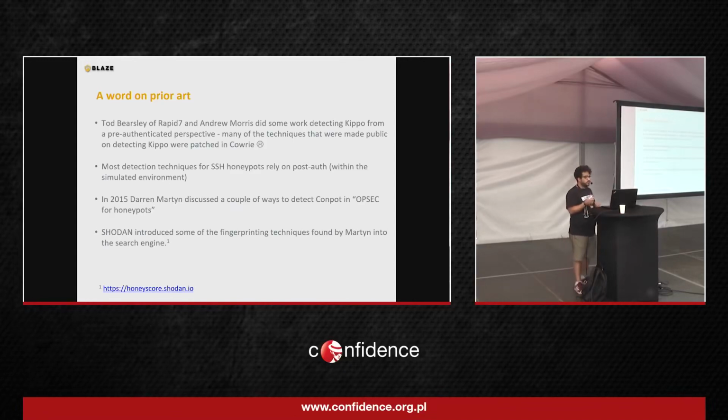Also, Darren Martin, one of the guys from LowSec, found a few ways to detect Conpot honeypots, and this was introduced into Shodan. There is a Shodan service called Honeyscore, where you type the IP address and it will say, oh, this is like a SCADA honeypot or something.